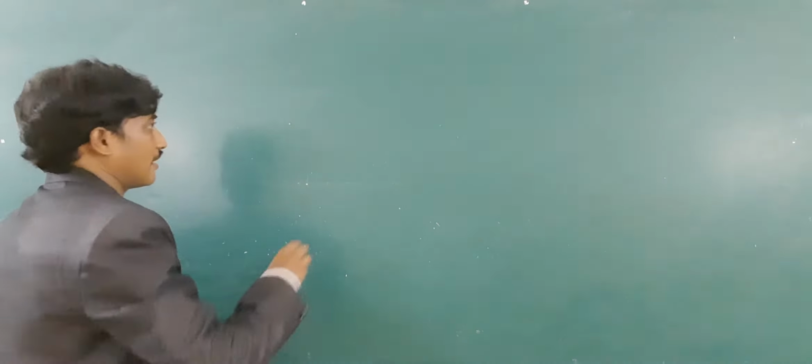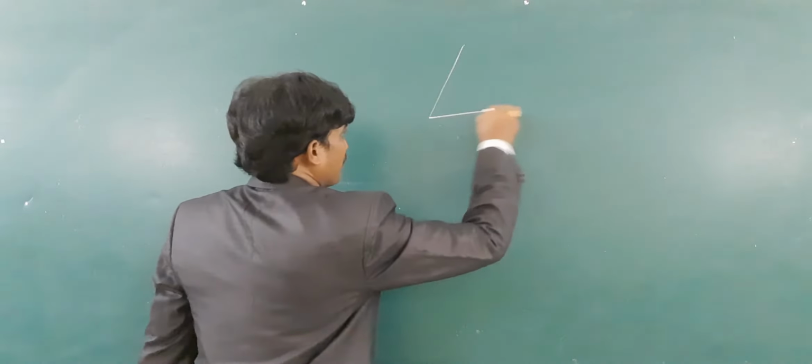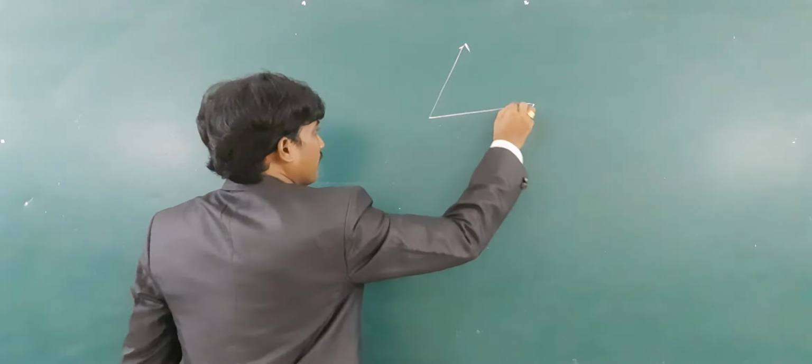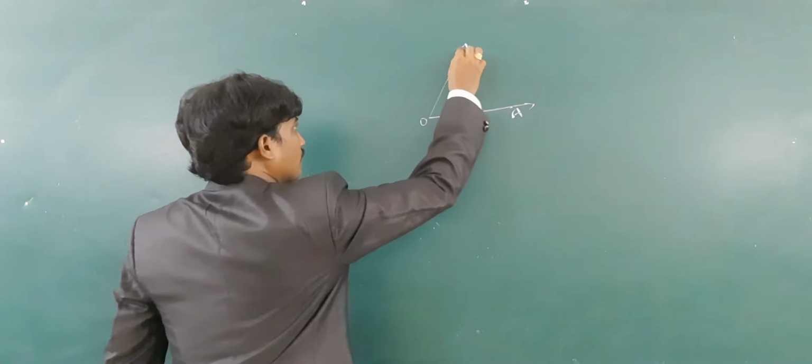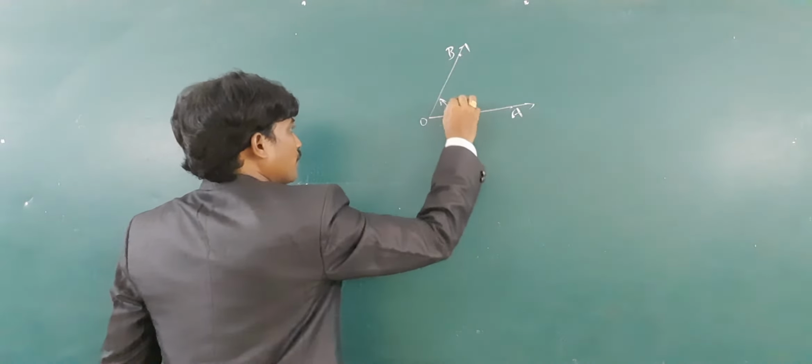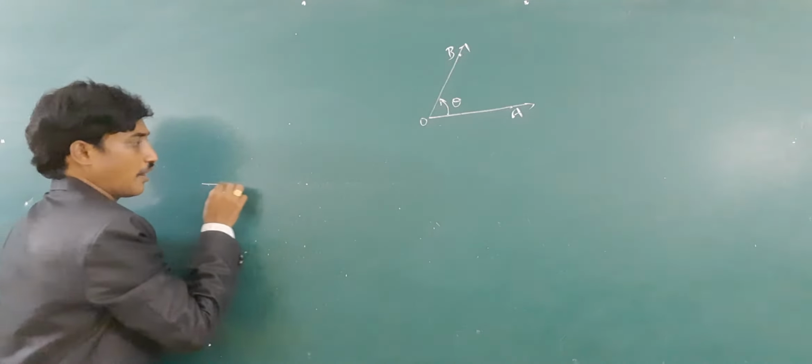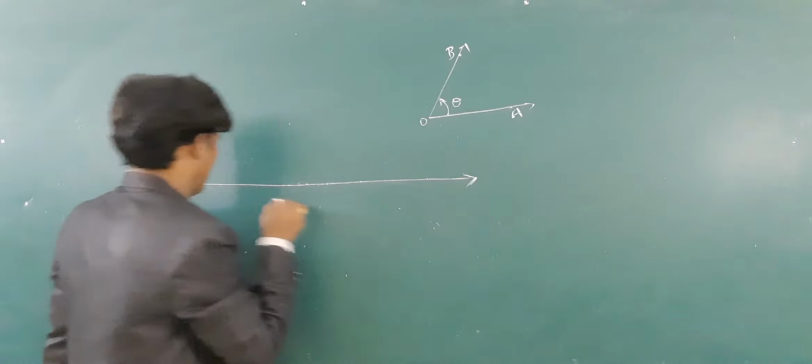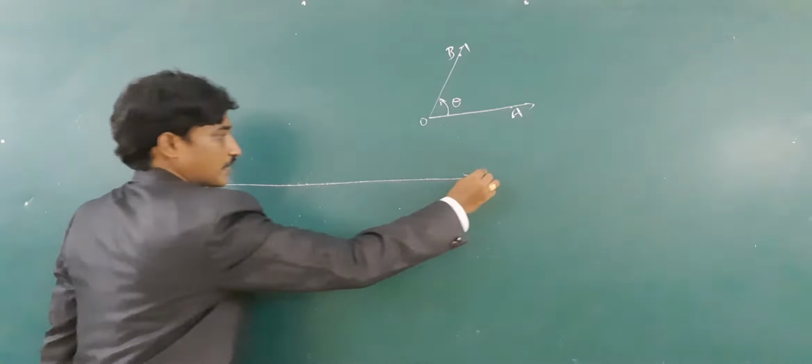If we take triangle in its standard position, that means if we take that angle onto the coordinate axis, we can understand trigonometric ratios of 90 degrees easily. Here I am taking this angle AOB onto the coordinate axis. You know, horizontal reference line is called x-axis.